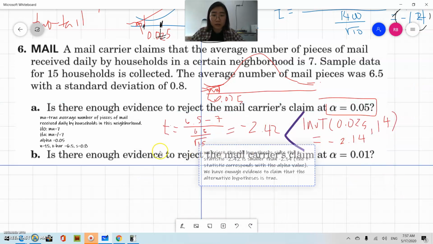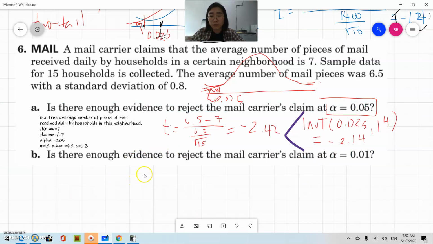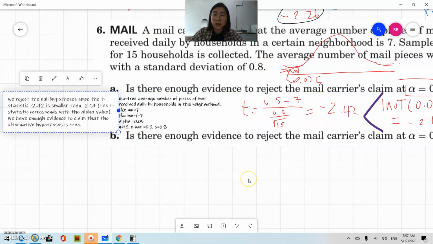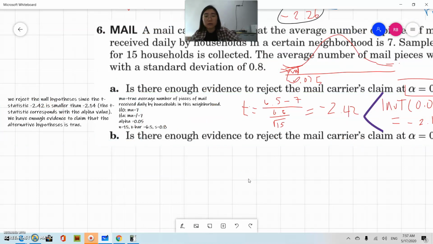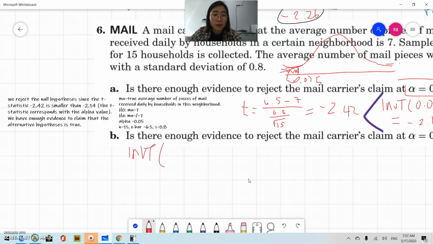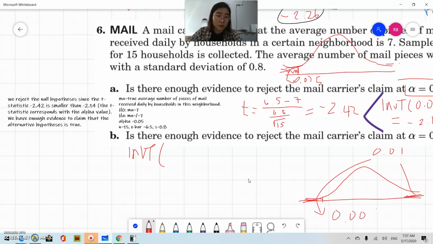This is part A. I don't have a space. My computer is very slow, so I'll put it right here. Part B, you don't have to do all that stuff again. Only thing you need to do is actually finding inverse t for new alpha, which is 0.01. So that means that these two areas will add up to 0.01. That means the one area will be 0.005.